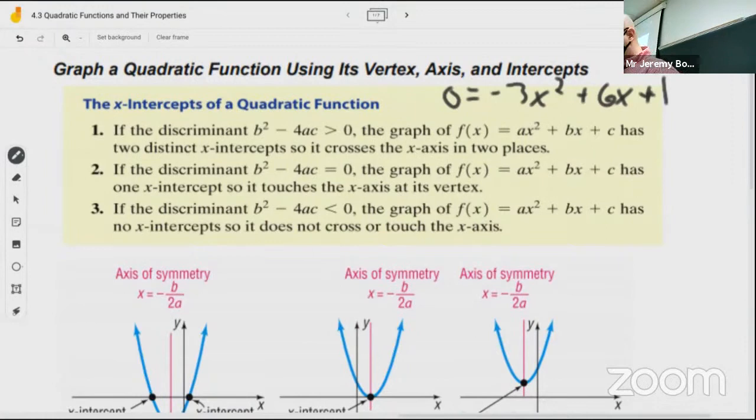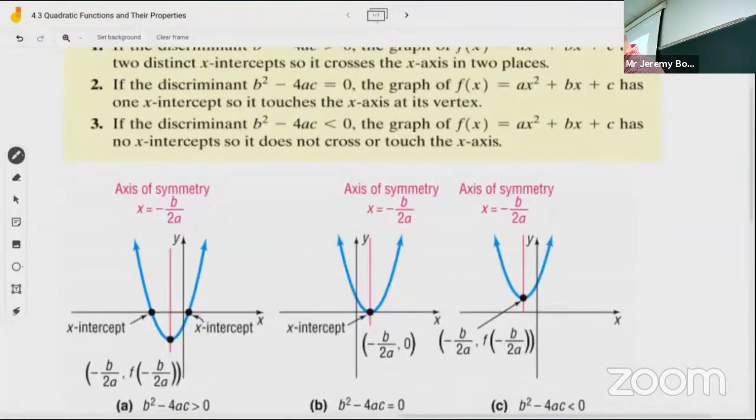Another way you can tell is we can find the vertex, right? If the vertex is below the x-axis and it opens up, hey, we're probably going to have two intercepts, right? If the vertex is on the x-axis, we're going to have one intercept. If the vertex is above and it opens up, then it's never going to get down to the x-axis, so it'll never cross it.